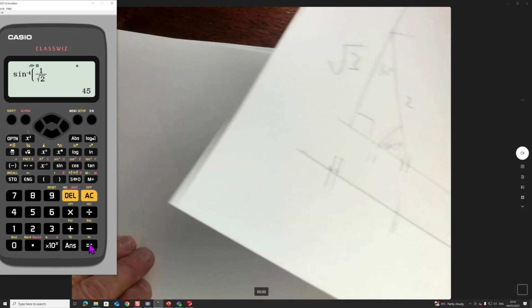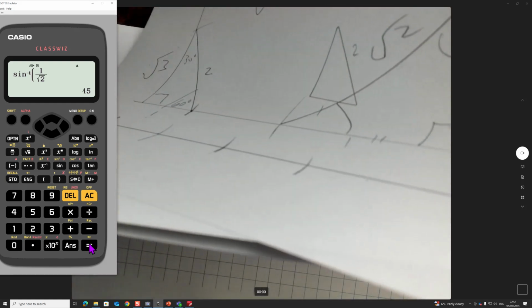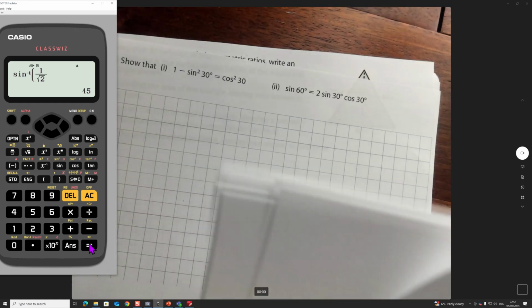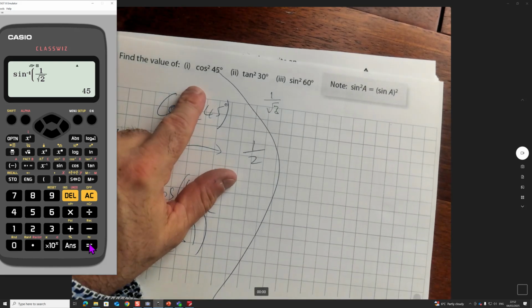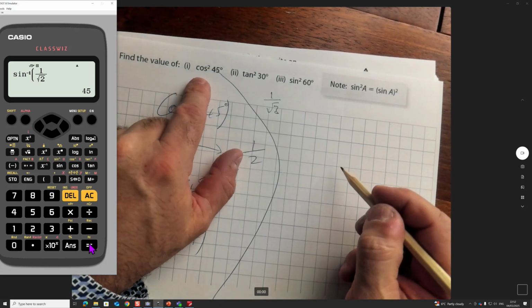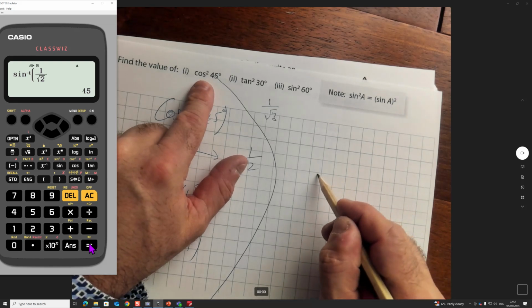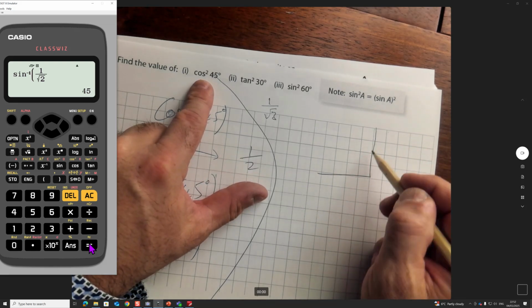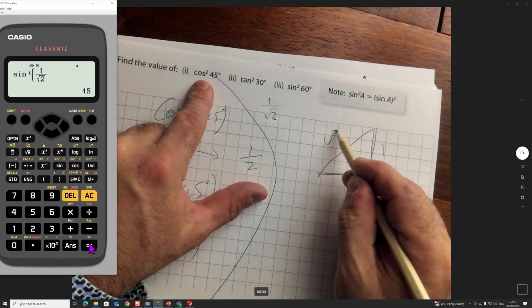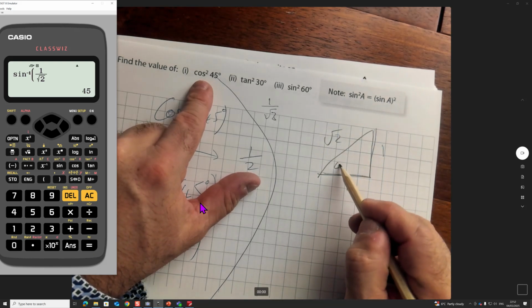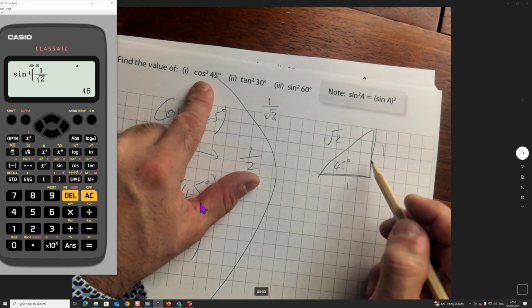And why did all of this arise? Oh yeah, we got to this. So now we know the cos. If you have 45 degrees, you can go, look, that's equal to that, 1 root 2. This is 45 degrees.